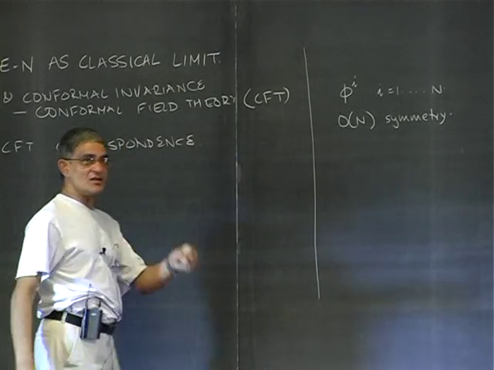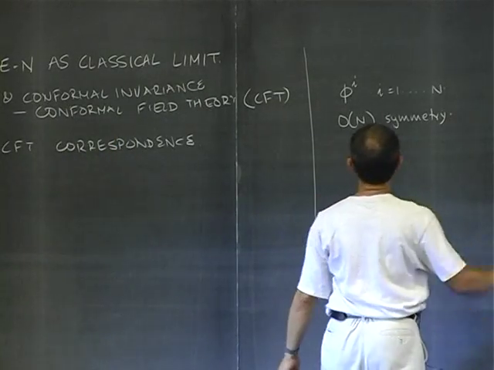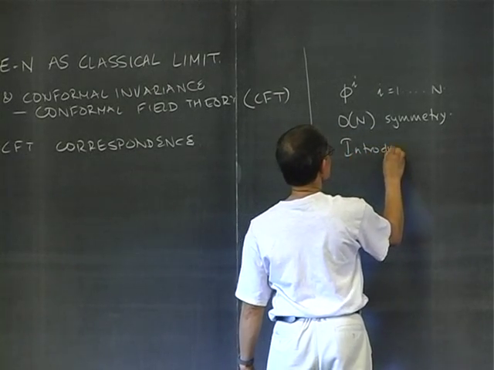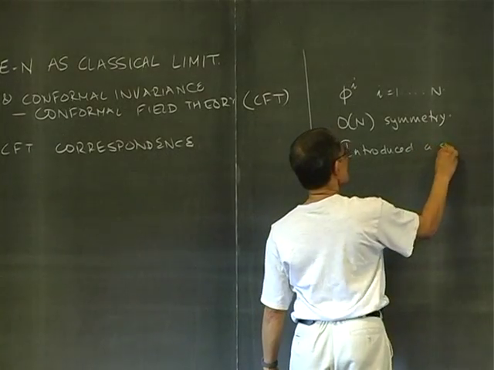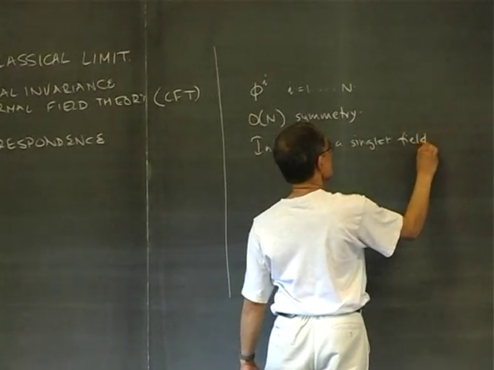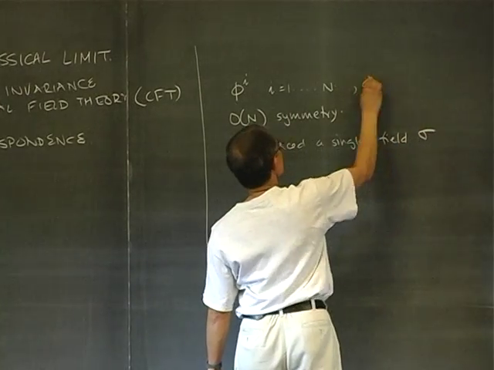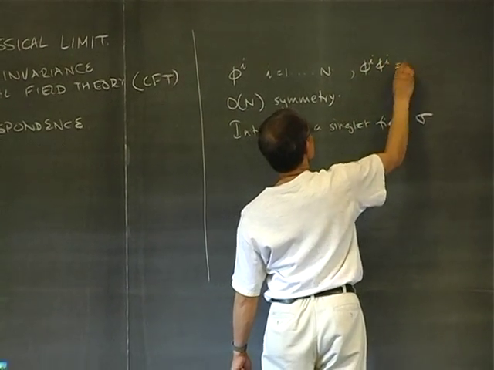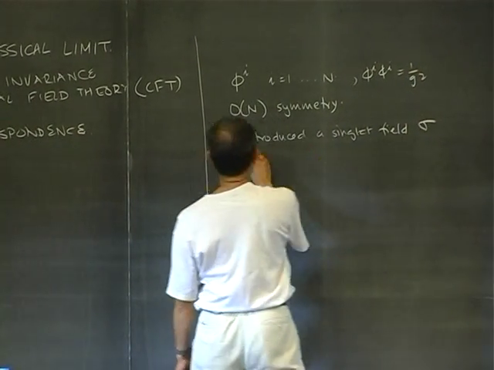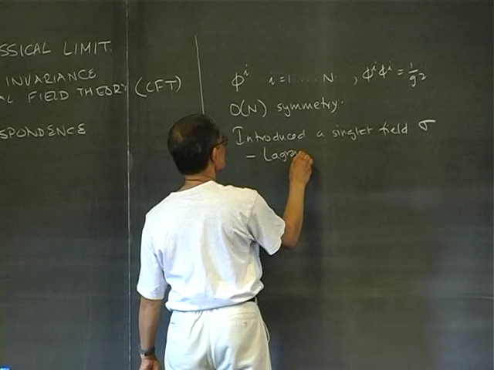And then what we did was introduce a singlet field which appears as a Lagrange multiplier.